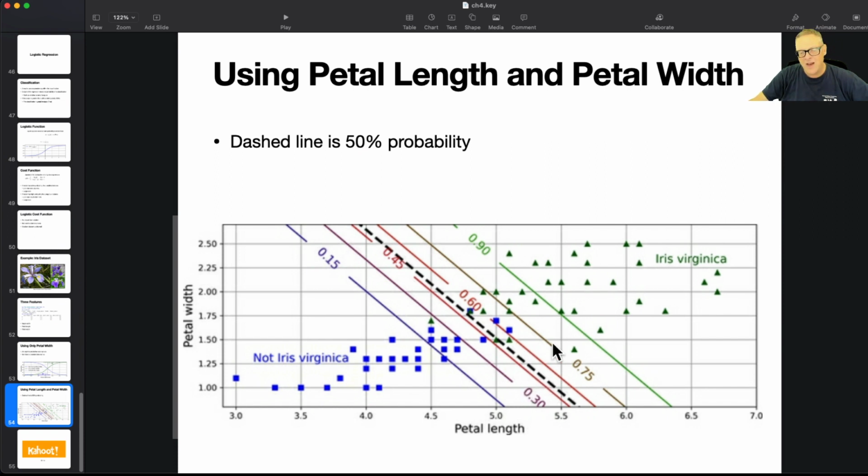Here's what you'd have: 75% probability, and someplace around here is 25%, and here's 90% and 15%. So that's what you do here. You'd say things above this line have a 90% chance of being Iris virginica. Things above this line have a 50% chance of being Iris virginica, and so on. So you can have these various different measurements. Sort of thing you'll get.